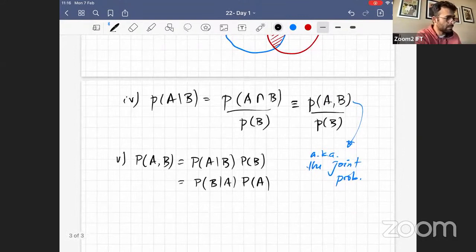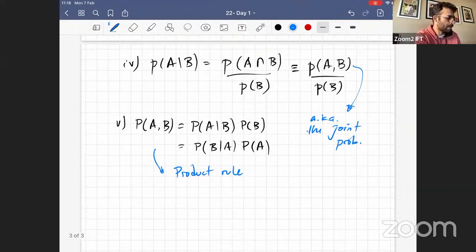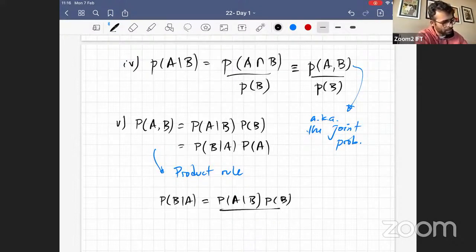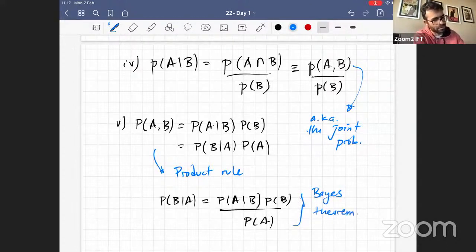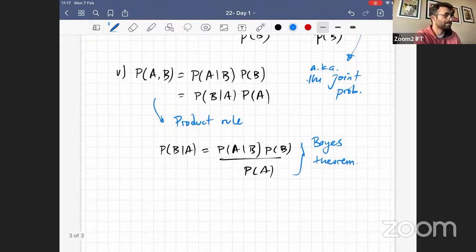And this thing is related to something called the product rule. Of course, we will have more on that later, but from this, you get this relation, which is nothing but the Bayes theorem, okay? But I will talk more on Bayes theorem later. But it is just coming out of the sum rule of probability.